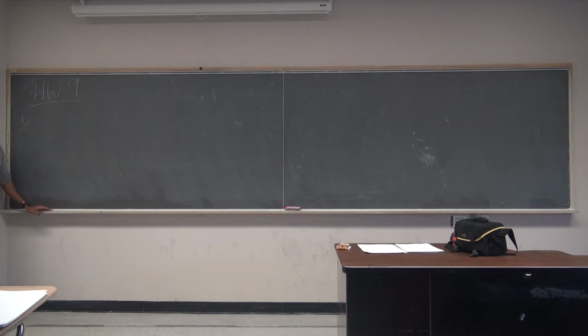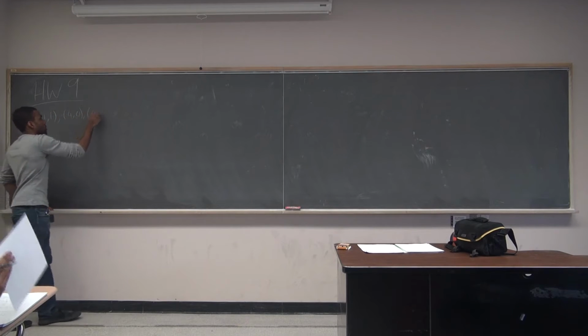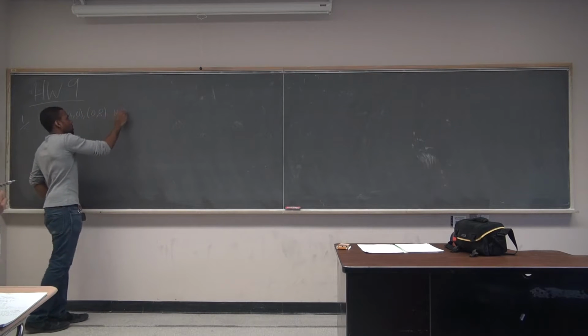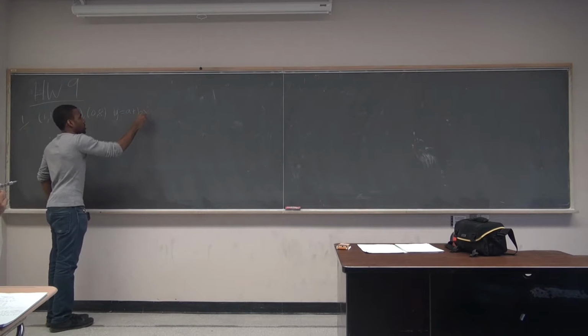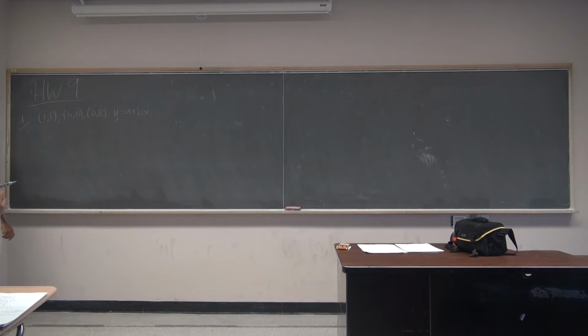Consider the 3 points (-1, 1), (4, 0), and (0, 8). If y equals a plus bx, set up an equation for how well this line fits the 3 points. Oh, so that's just the fitness thing. Yeah, so that's basically going to be what it is.